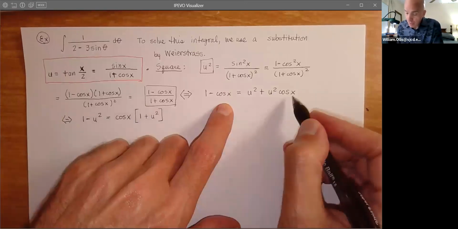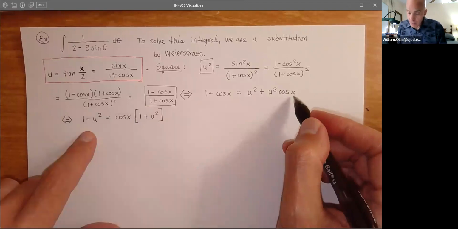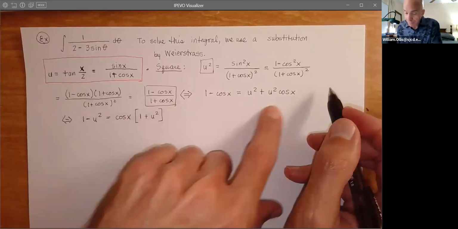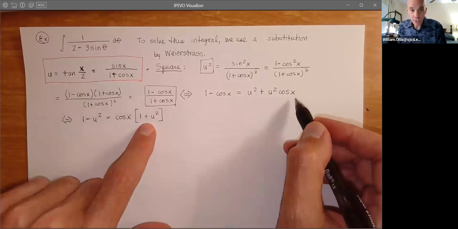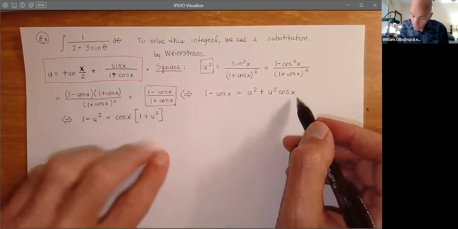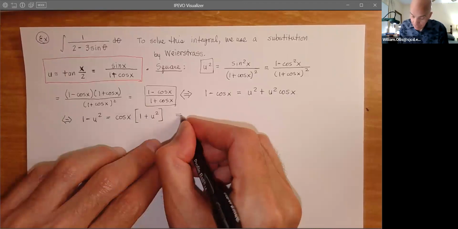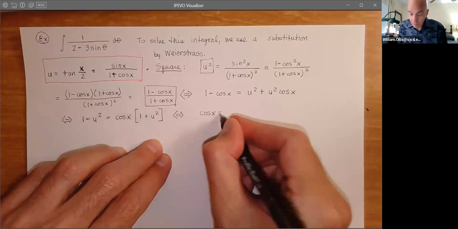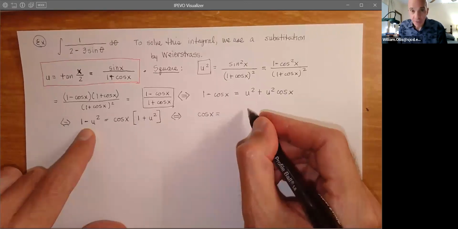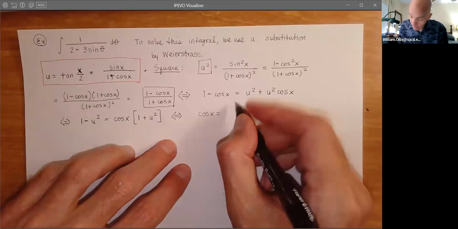The u squared comes over to give us this. The cosine comes over, and then we can factor the cosine to give us 1 plus u squared, and then we can solve for cosine. So cosine x will just give us 1 minus u squared divided by 1 plus u squared.